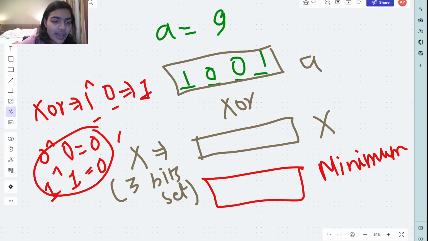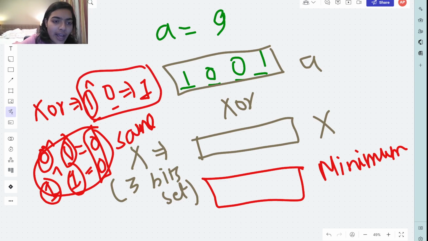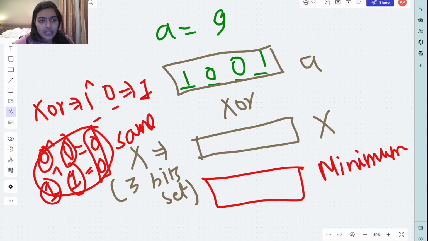So for different bits in the input, you get the output as 1. That is the XOR operator.